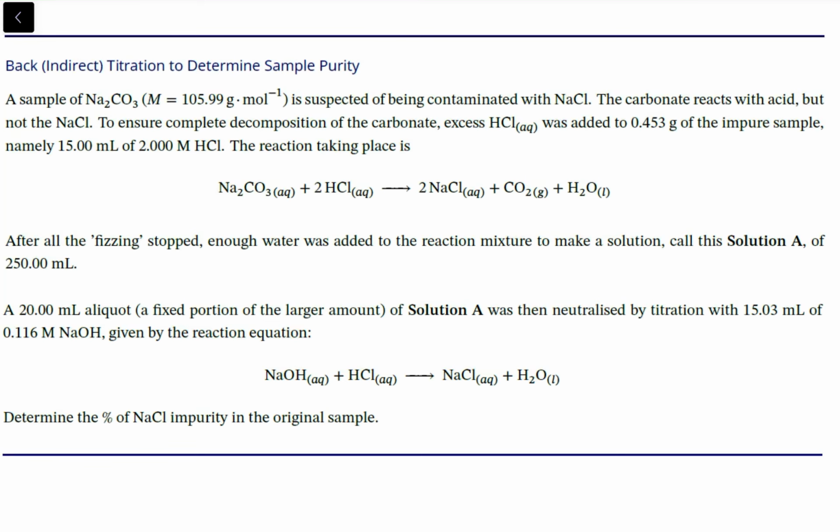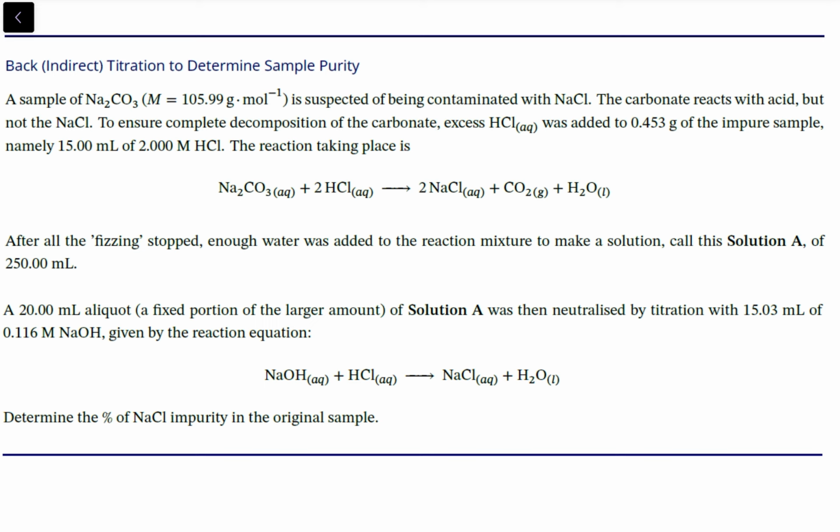Welcome everyone. In this example, I want to look at another example of a so-called back titration. Specifically, we're looking at one where we use a back titration to determine the purity of a sample. So we're told we have a sample of sodium carbonate and it's suspected to be contaminated with sodium chloride.